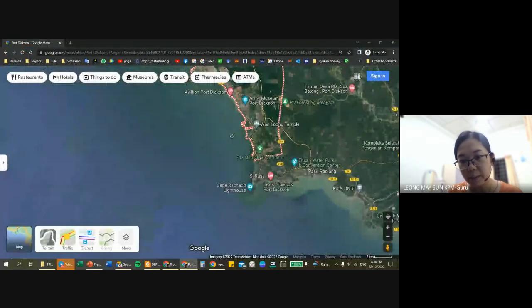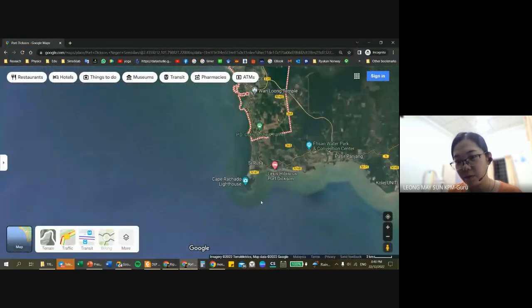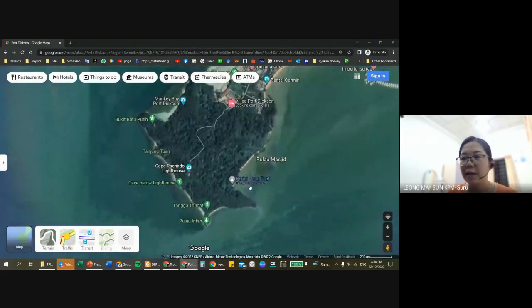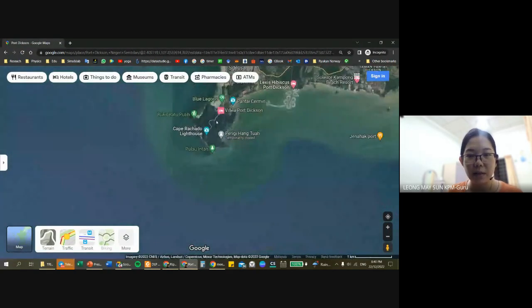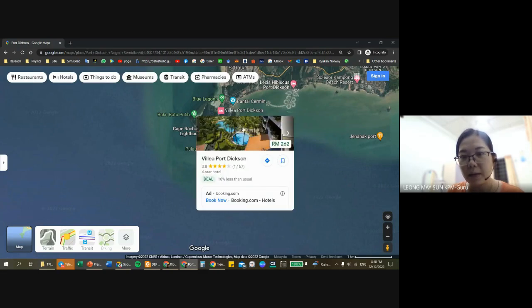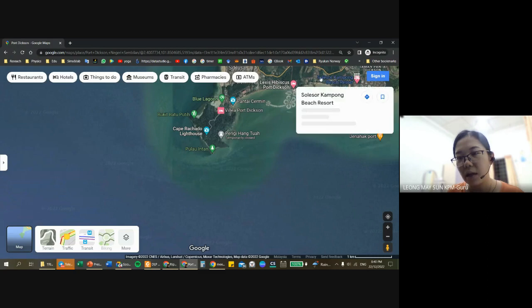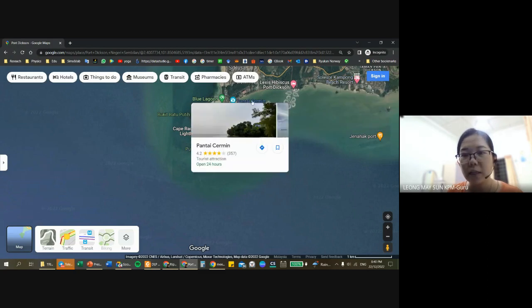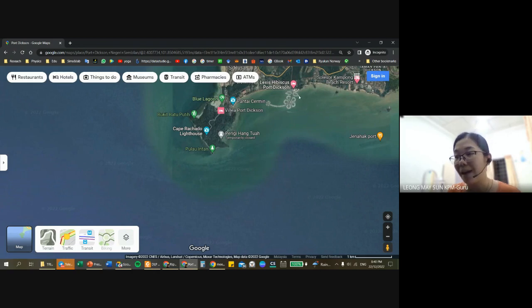So one place that I'm going to search for, which is very famous for the Form Fives, is this area, the lighthouse at Port Dickson. The lighthouse at Port Dickson is located at the Cape, which is why it's called the Cape Rachado Lighthouse. Most of the resorts, hotels, motels and homestays are located more at the bay area.